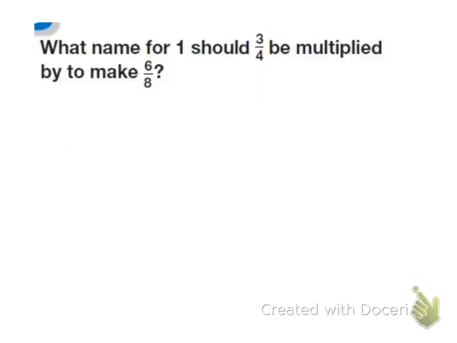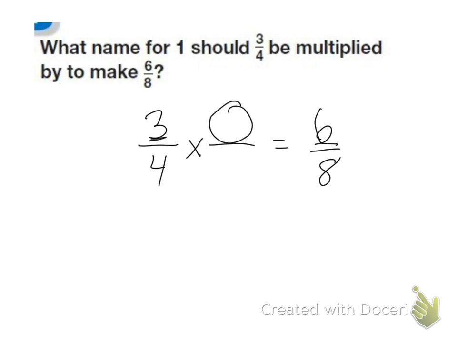Okay, so this problem asks, what name for 1 should 3/4 be multiplied by to make 6/8? So what it's asking is, it's saying 3/4 times what fraction equals 6/8? Okay, so to help us figure this out, I'm going to think, okay, 3 times what equals 6?